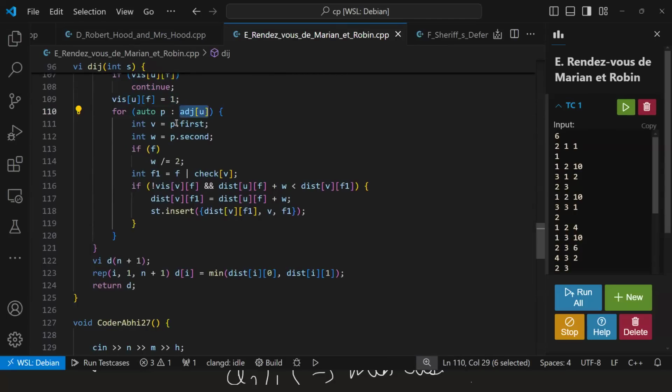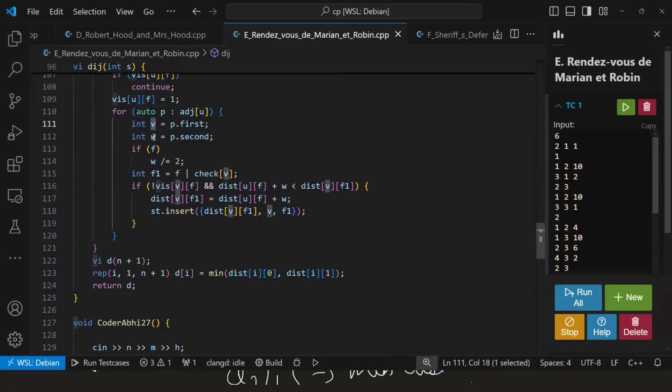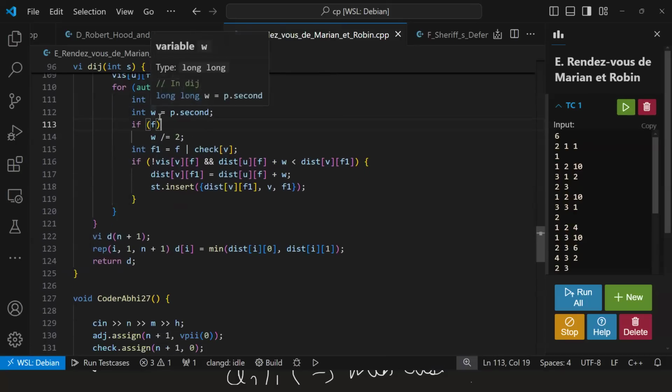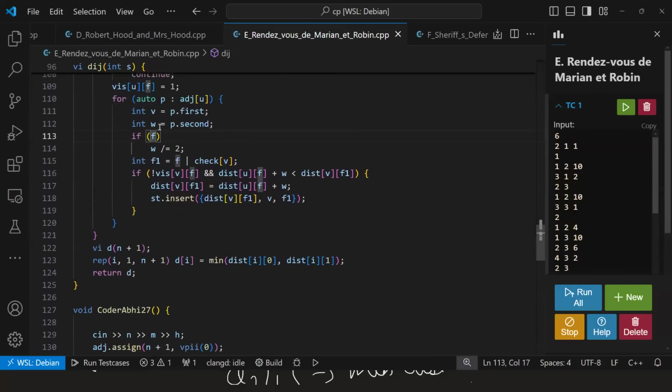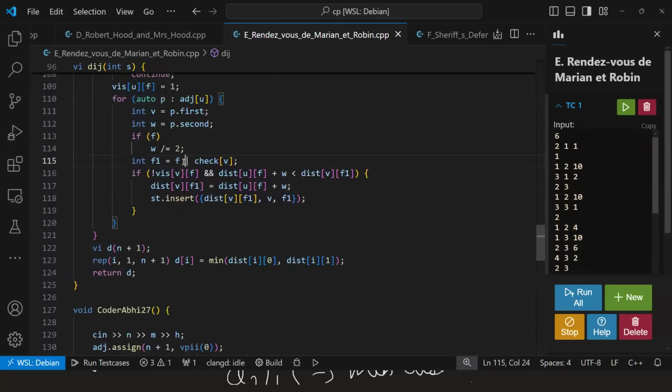And I'm going to all the vertices adjacent to U. This is with weight, e is the vertex, w is the weight, dot first, dot second. Now I would check if F is 1, basically we have a horse, then the weight would be divided by 2. And F1 is for the node where we are reaching.